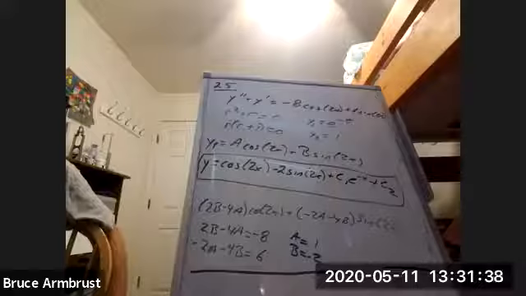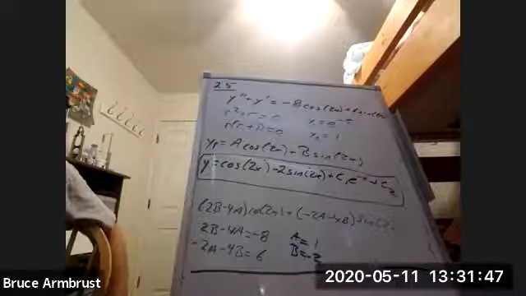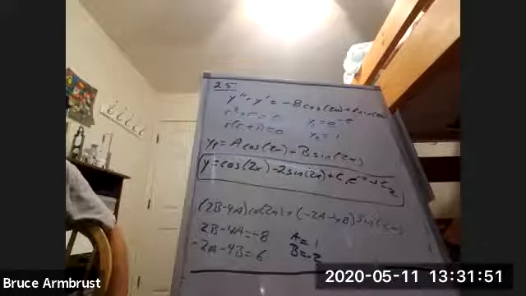But for that 4e to the x, we would put a generic c times e to the x and see what that forces that number to be. All right, so, okay for that?